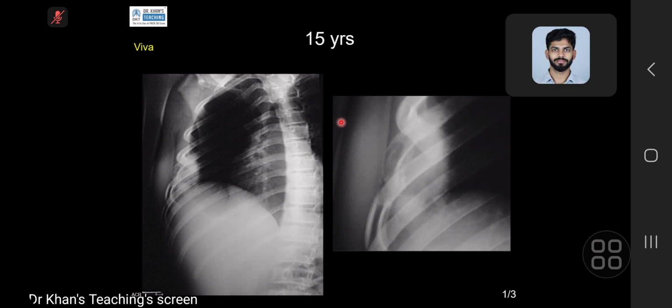So this is with wide zone of transition and some periosteal reaction. I would think of an aggressive bone lesion, infection. It is a 15-year-old child, so I would keep the other differentials less likely.